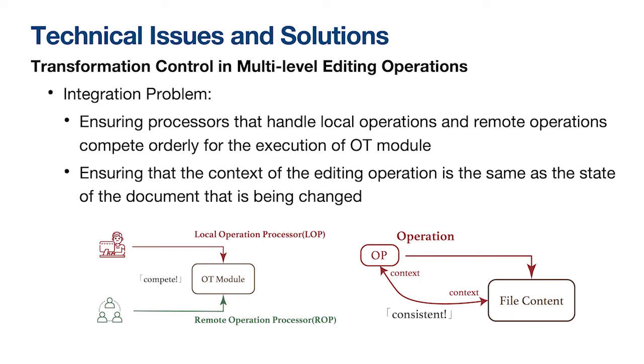Secondly, we have to ensure that the context of the editing operation being executed is the same as the state of the document that is being changed. In other words, if another thread changes the document after a transformation and before the execution of the operation, the transformation based on the old context will become invalid, and the execution may modify the document wrongly. Only by ensuring these two conditions can we ensure the consistency between document replicas over collaboration sites.